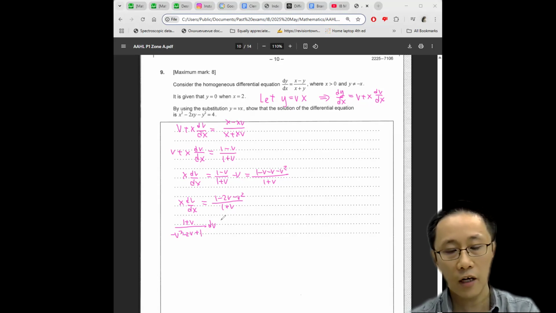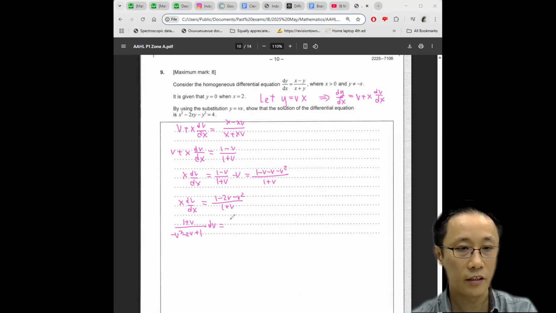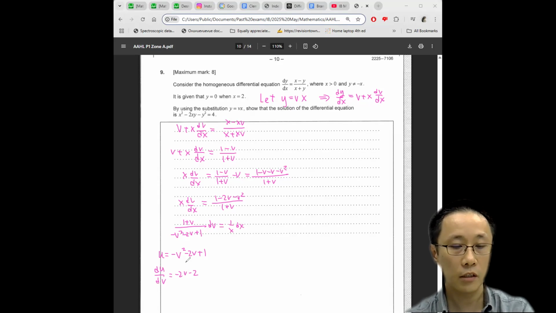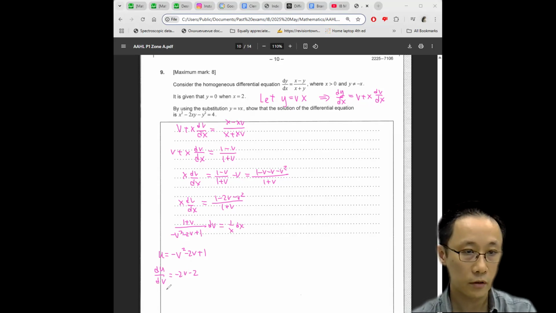If you have good eyes, which you actually need here, you should be able to spot that you can make a substitution. If we just let u be the denominator, you realize that du over dv is minus 2v minus 2, which is a constant multiple of the numerator.